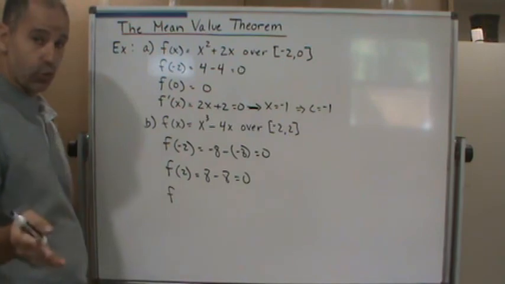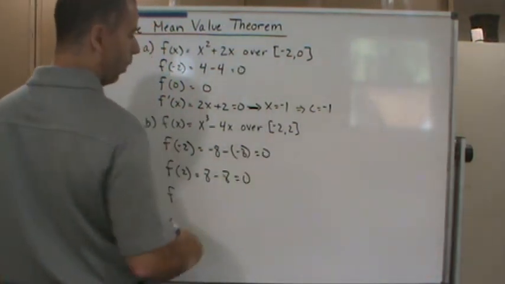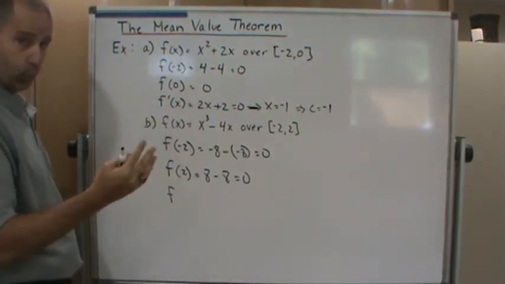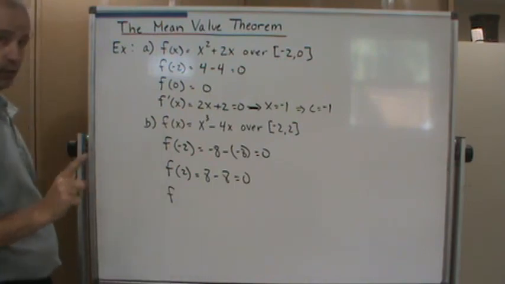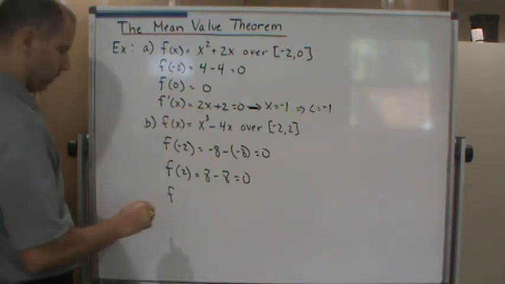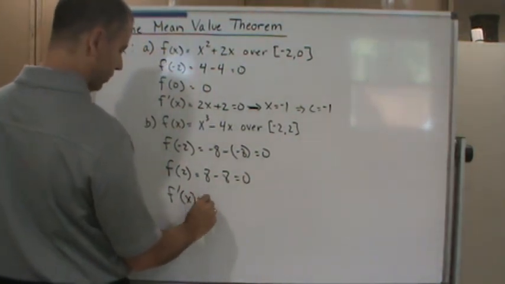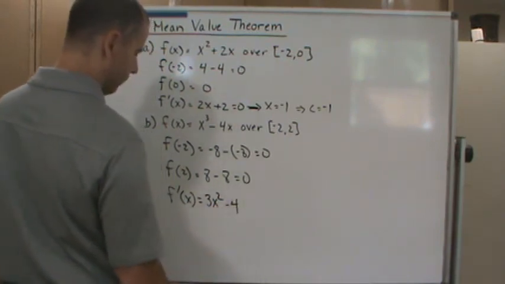What does Rolle's theorem say? It states that there must be at least one c value, could be two or more, where the derivative is 0. So let's find that. f prime of x equals 3x squared minus 4.